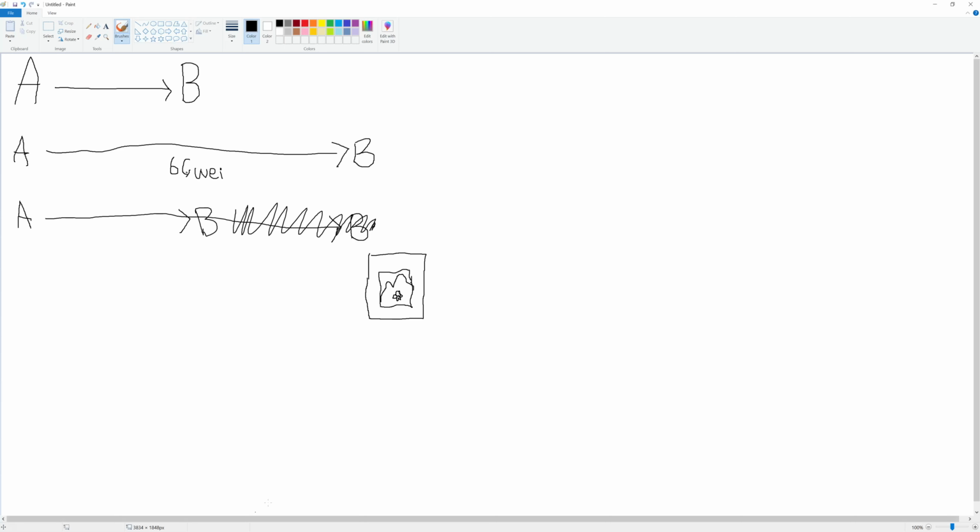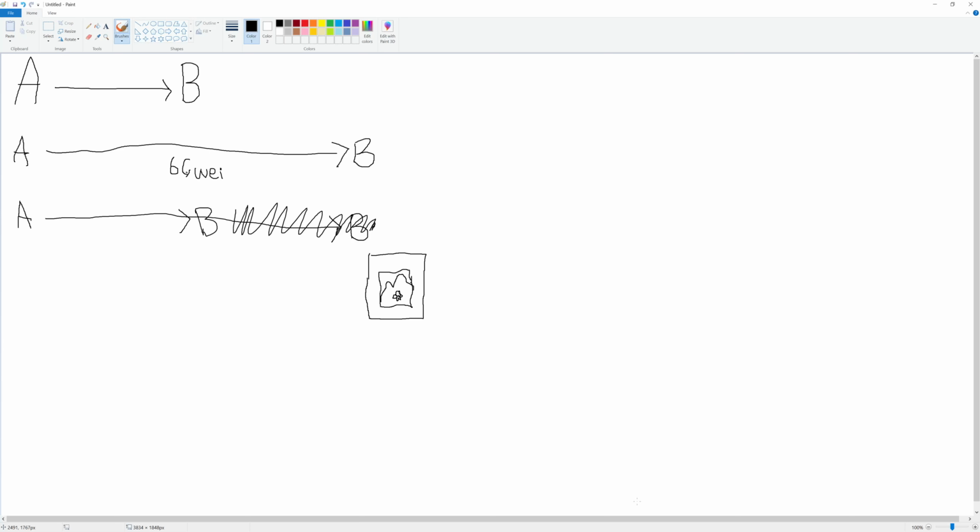Now, when you use MetaMask, it generally estimates or gives you recommended settings in order for your transaction to go through or give it a decent chance of getting through. MetaMask will say, we recommend these settings, and you just click submit.